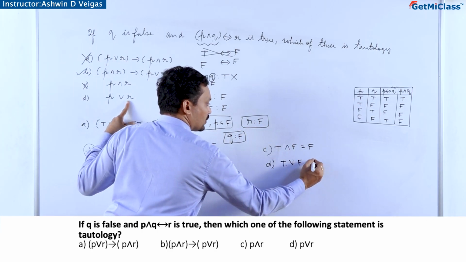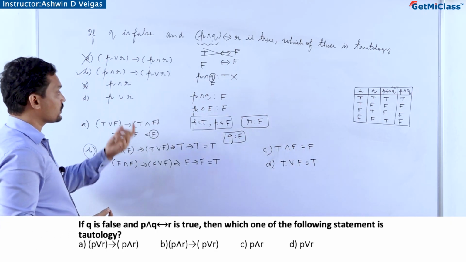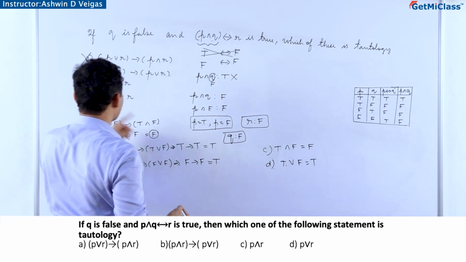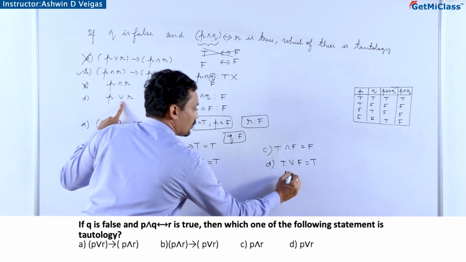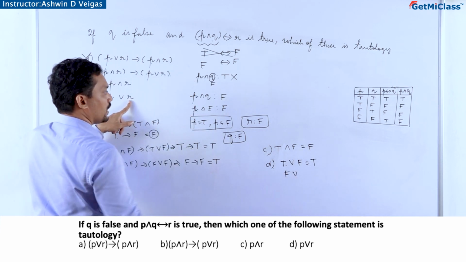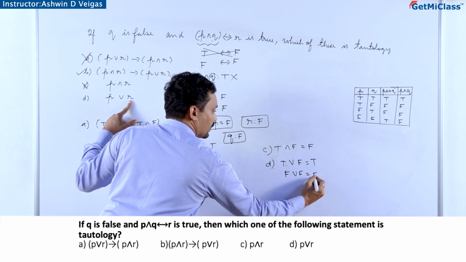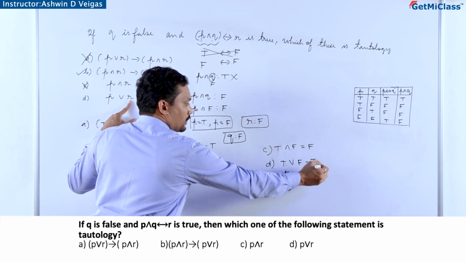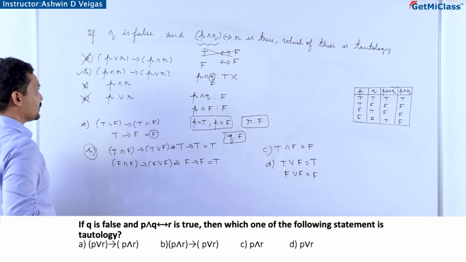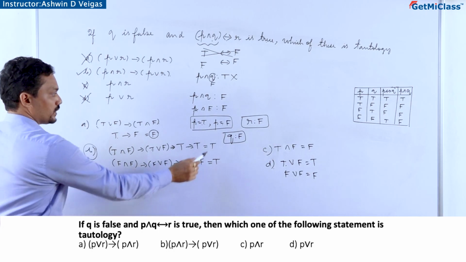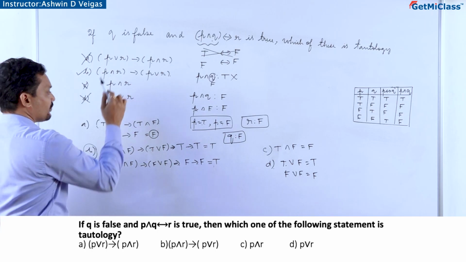So, true or false, this case is coming true, but you have to go for the other value of P, that is false also. Now if you take P as false or R is always false, false or false becomes false. So, in one case it will come true, in the second case it will come false. Therefore, option D cannot be the answer. So option B comes true in both cases, and therefore B is the correct option for tautology.